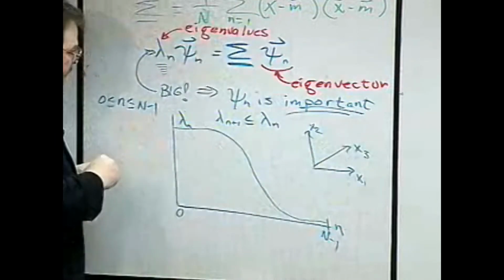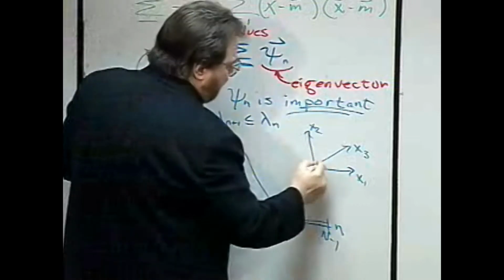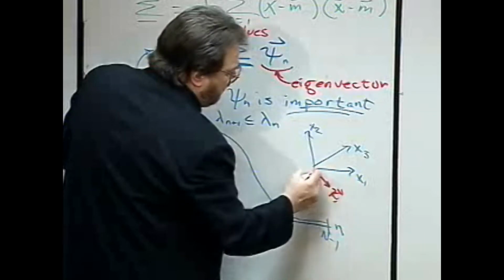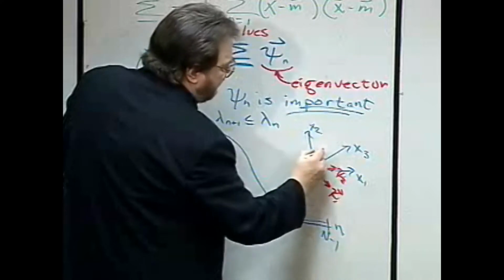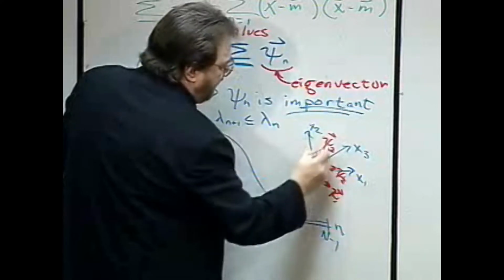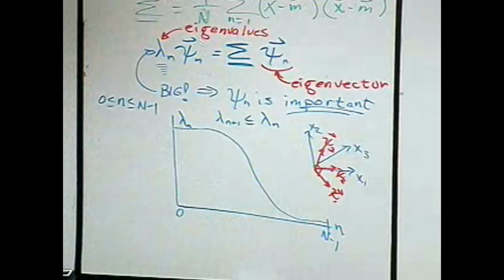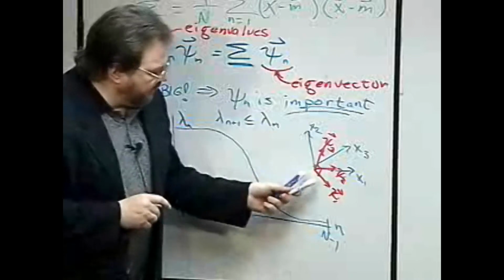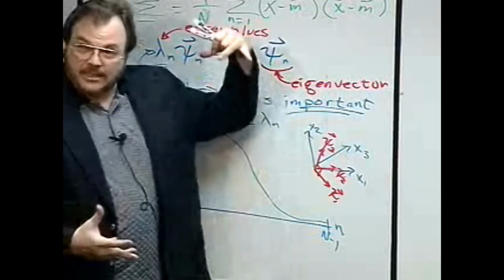These new eigenvectors are going to be different unit vectors, like psi sub 1, psi sub 2, and psi sub 3. They are mutually orthogonal, just like x1, x2, and x3, and these eigenvectors tell you the orientation of that ellipse.